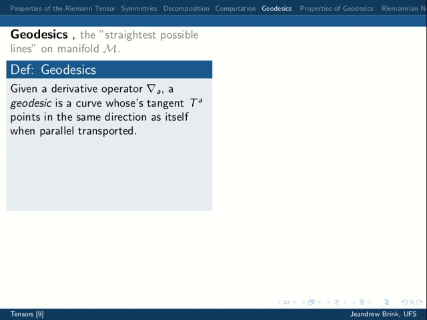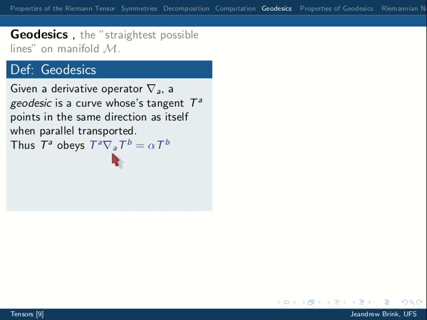And so the way you define a geodesic is you simply take the parallel transport equation, which is that part, you apply it to the tangent itself, and you say that that must be proportional to the tangent. Remember, your tangent is basically the derivatives of your coordinates.